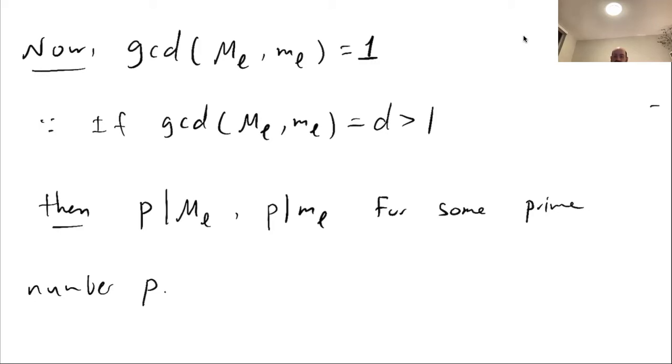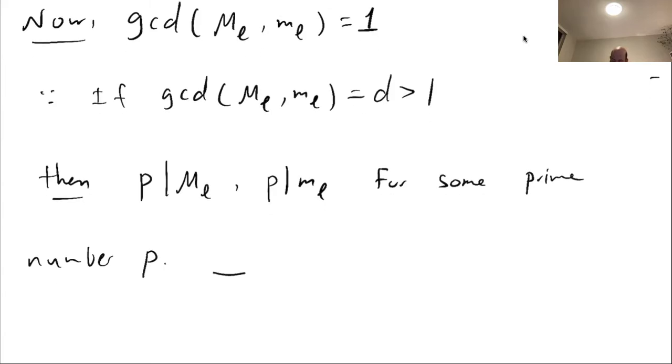And I want to reach a contradiction because I want to show that the GCD is 1. So if it's not 1, then at least one prime number divides both of them. What does that mean? That means P divides capital ML, which was M1, M2, up to ml minus 1, ml plus 1 to MK, and P divides small ml.